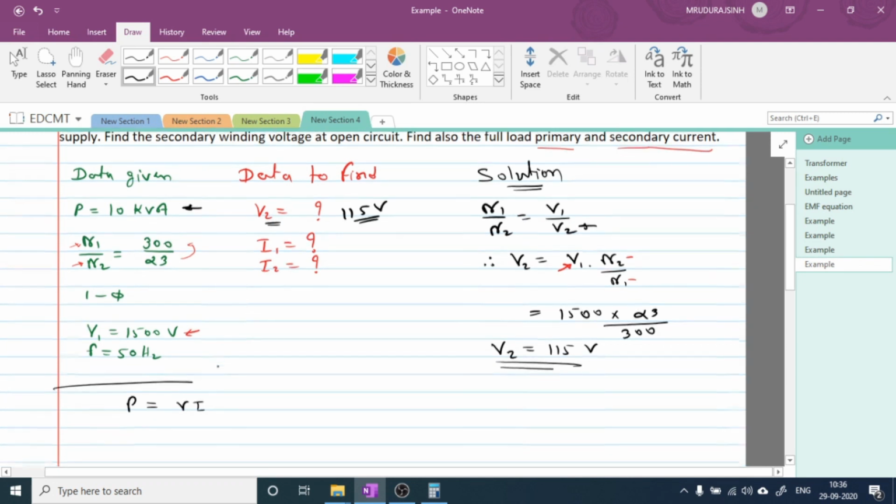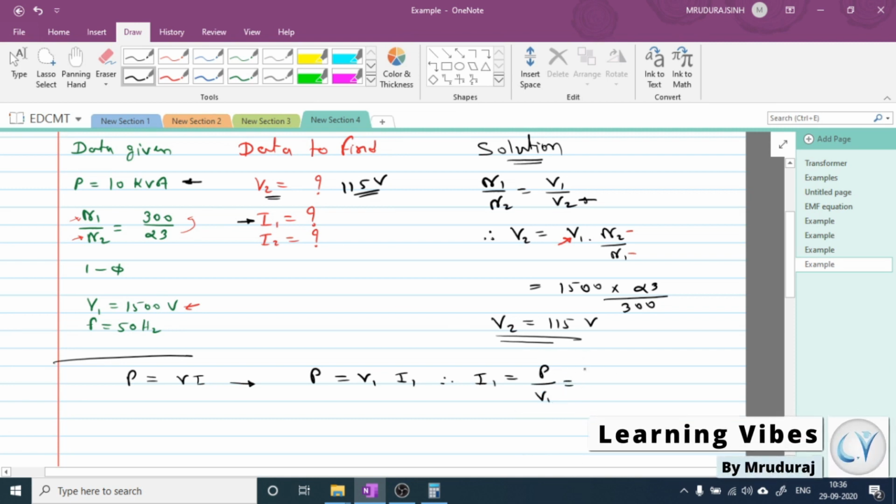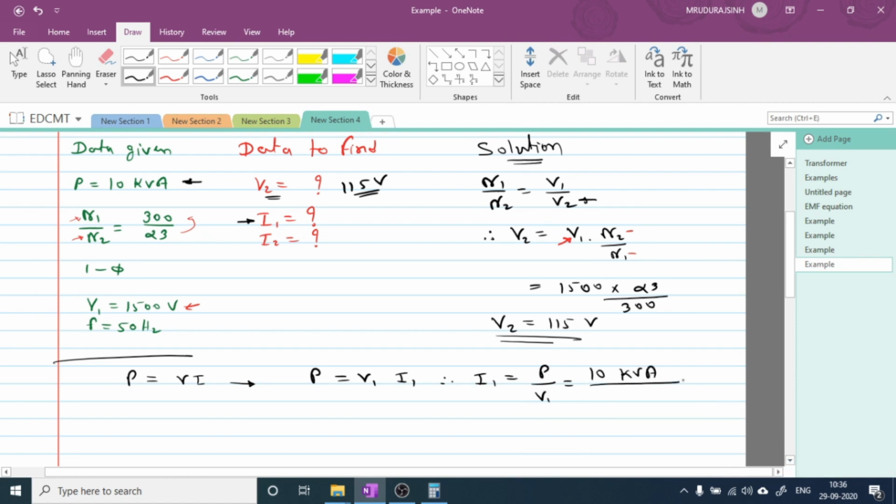So now if we find I1 current first, then we need to modify this equation as P is equal to V1 into I1, and then I1 is equal to P divided by V1. P is equal to 10 kVA, right? And divided by V1. So where is the V1 voltage? It's 1500, right? Here it is.